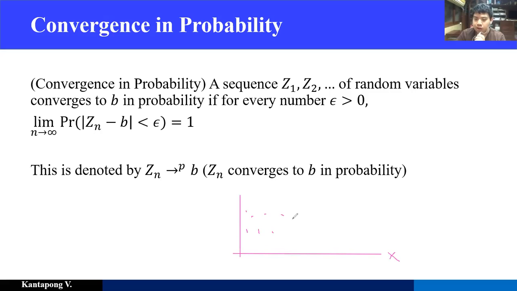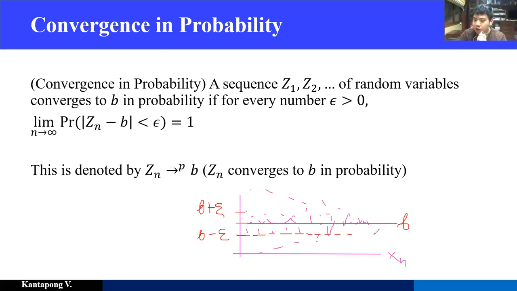in the sense that if we have epsilon, the epsilon is a little bit like the radius, right? Let's say it converges to b. What happens? We define b plus epsilon and b minus epsilon.